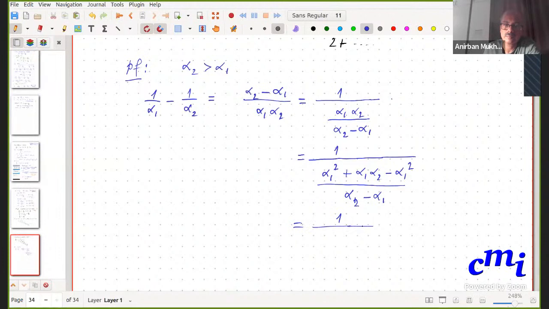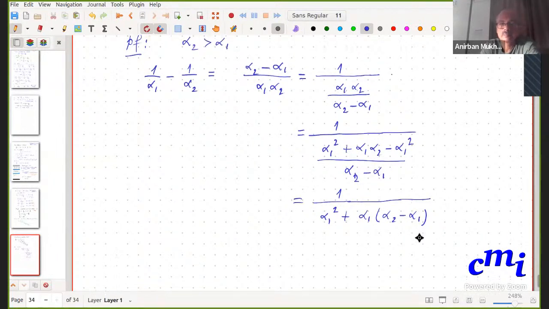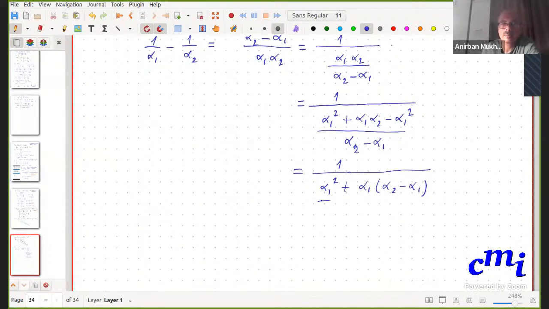So we have alpha 1 square plus, if you take alpha 1 common, alpha 1 times (alpha 2 minus alpha 1), divided by alpha 2 minus alpha 1.